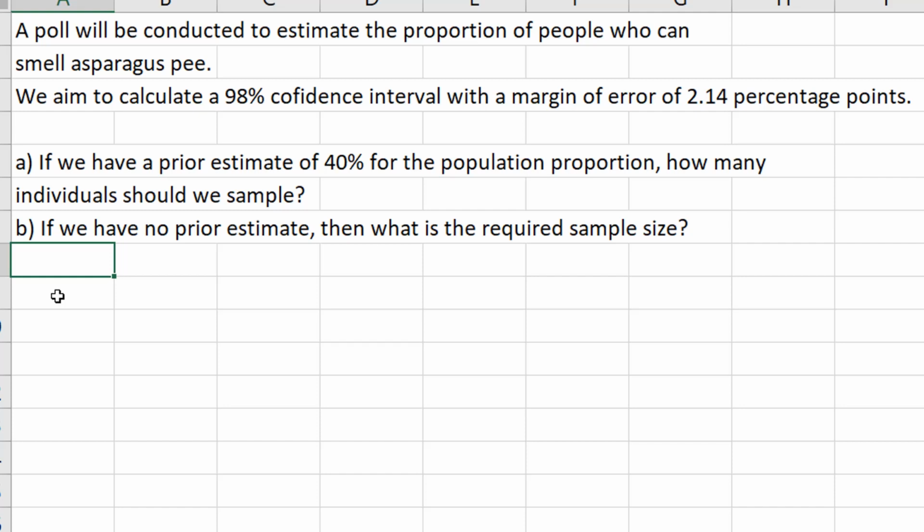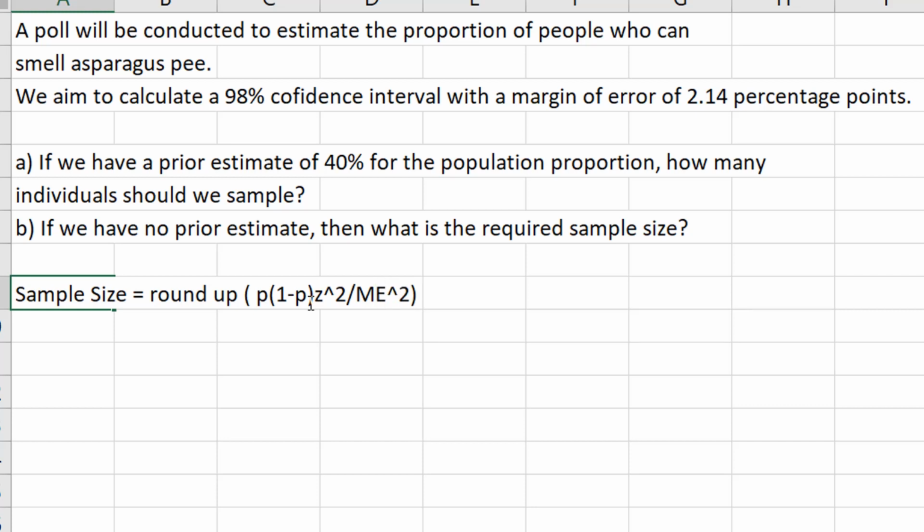Right, so the sample size is calculated as the rounding up of p times 1 minus p times z squared over the margin of error squared. This is the formula.